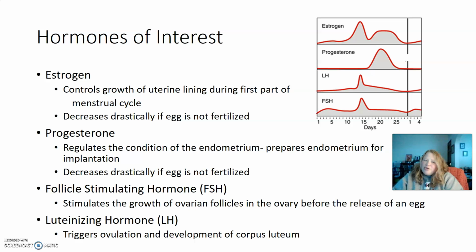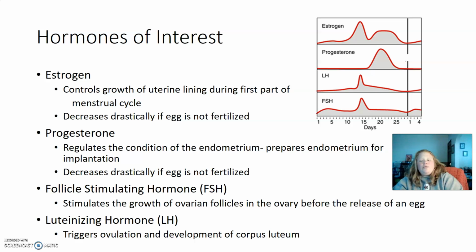Starting with estrogen. Estrogen controls the growth of your uterine lining during the first part of your menstrual cycle. So in this diagram, this first part here is your period, or what they call the flow stage. Your estrogen peaks after that, and it starts regrowing your uterine lining, getting your uterus ready to implant a zygote, or a fertilized egg, if there is one.